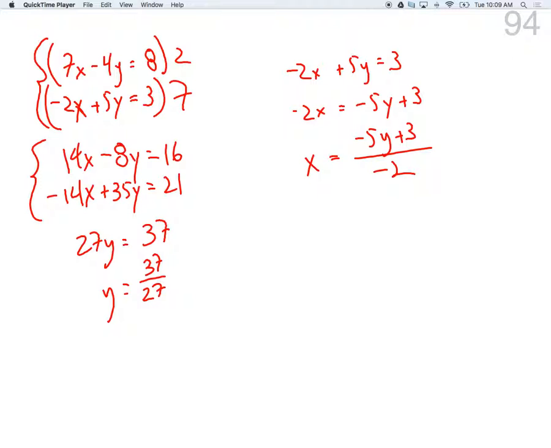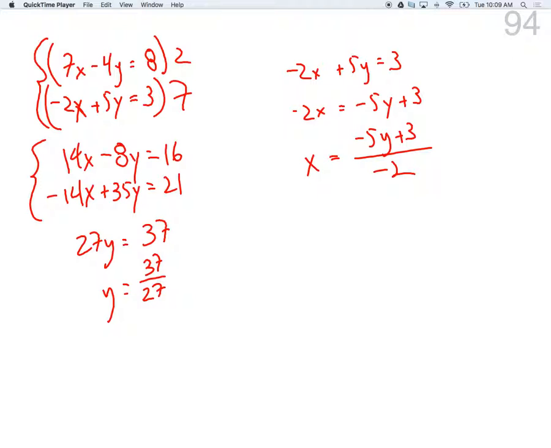On the home screen of your calculator, literally type in that equation. Negative 5 times y plus 3, enter, divided by negative 2, enter, and convert it back into a fraction. Let me go through that again.